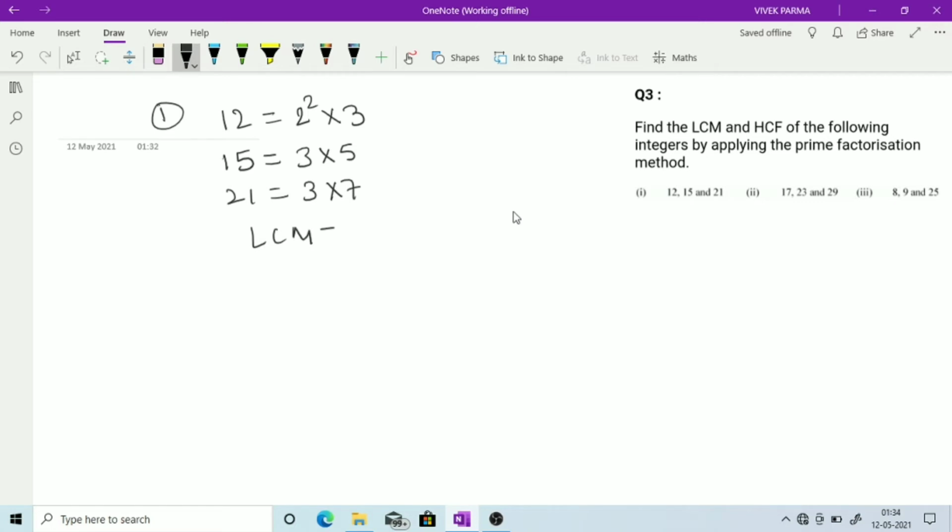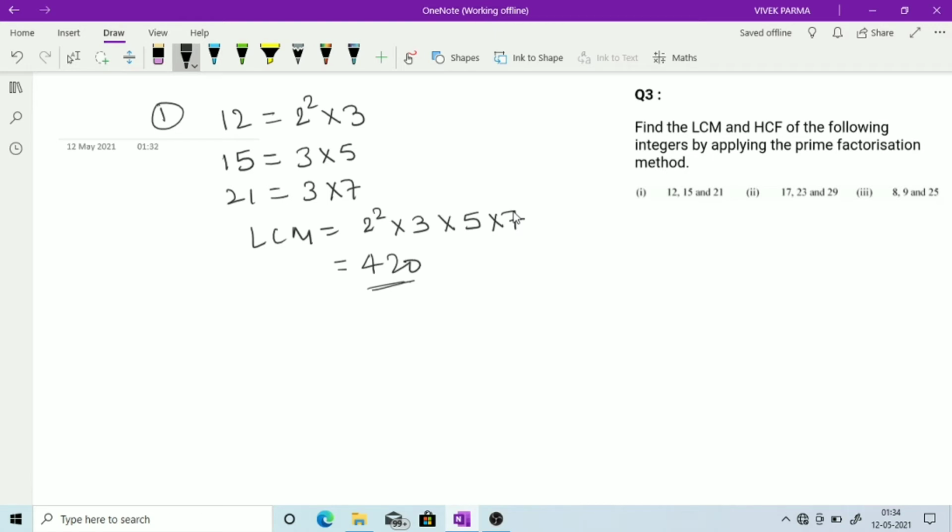So the LCM will be, so what do we know about LCM? Least common multiple, and this is the product of the highest power of each prime factor. So here the highest power of 2 is 2 square, and 3 is 1, so write here 3. Again here is 5, power of 5 is 5, into 7. So we have this product equals 420.